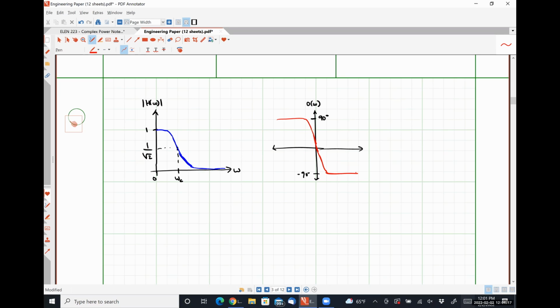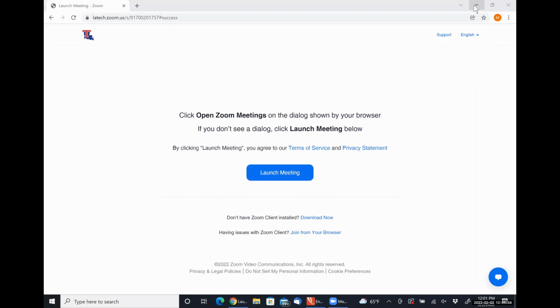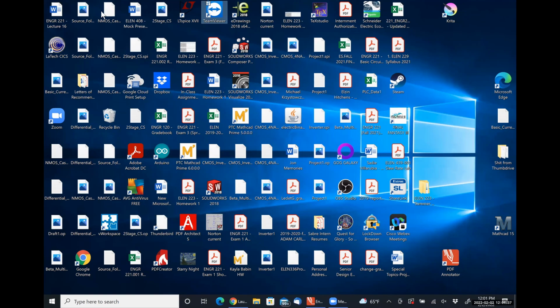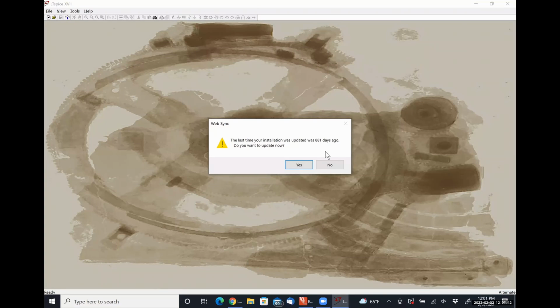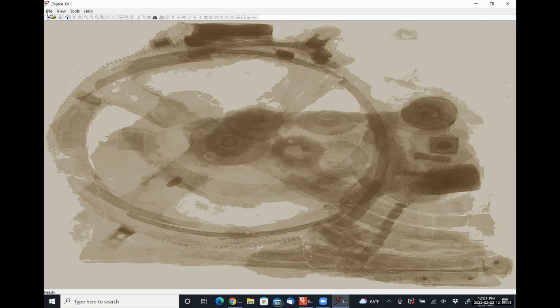Let's see, we've got 15 minutes left. Let's do a simulation. All right, so for our circuit, we had something simple, right?